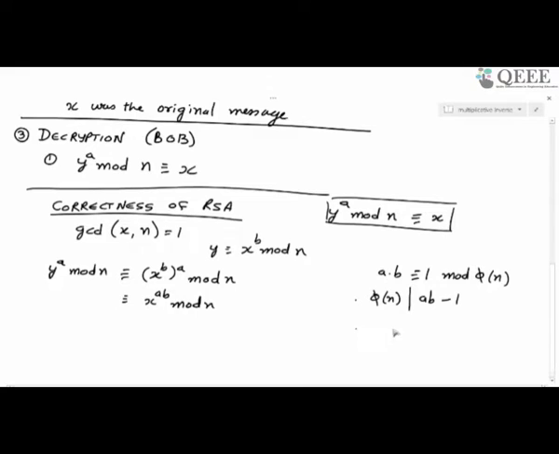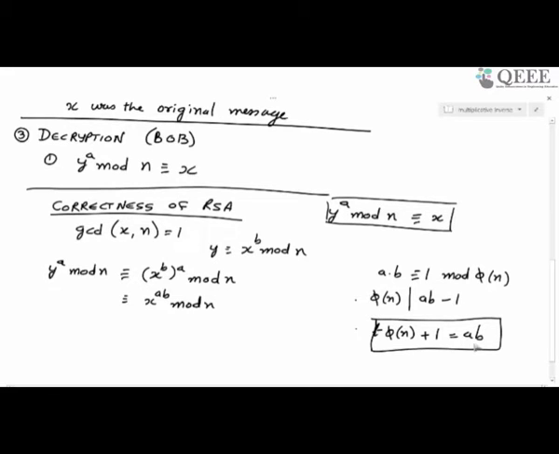Similarly, what we can say is that some constant t into phi of n plus 1 is equal to ab, right? So this is from our initial theorems or initial properties of modular arithmetic that we have seen earlier today.